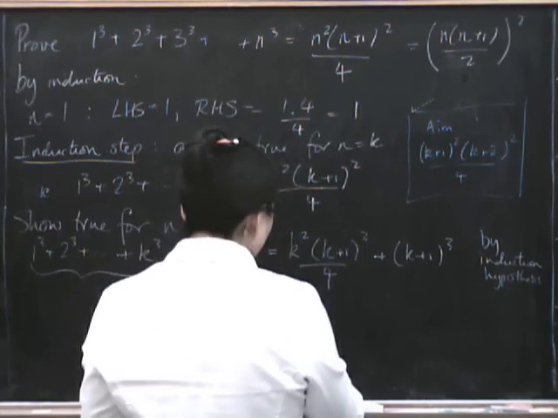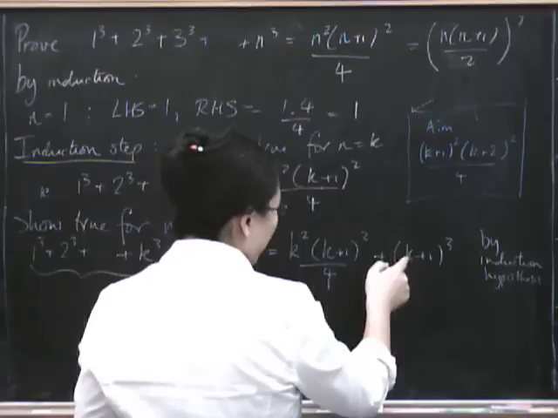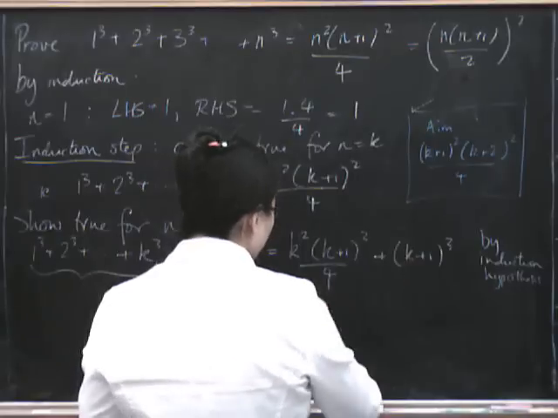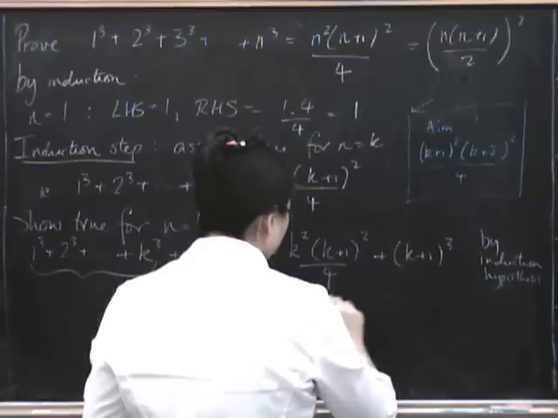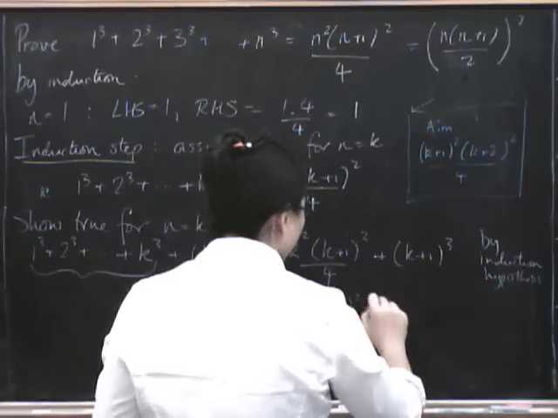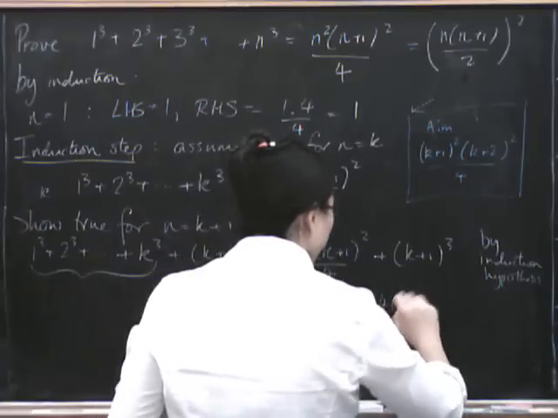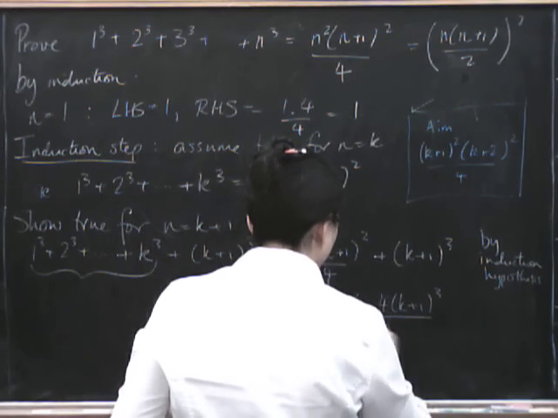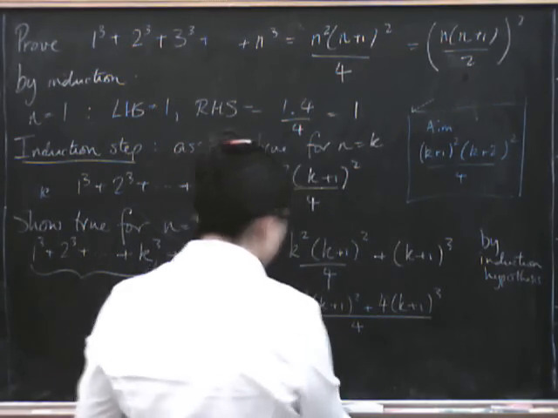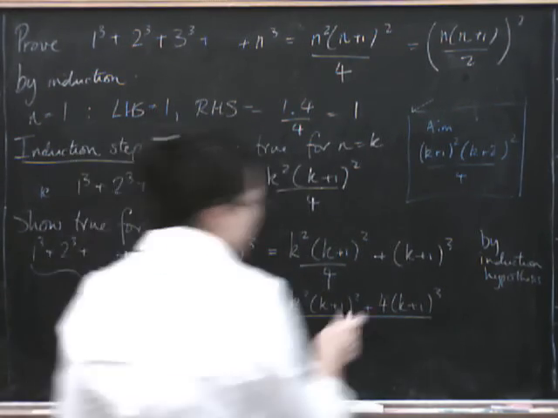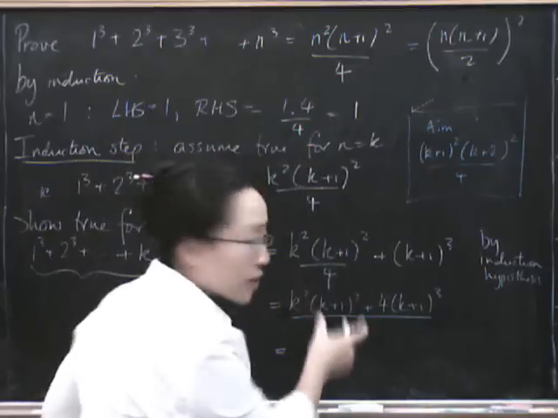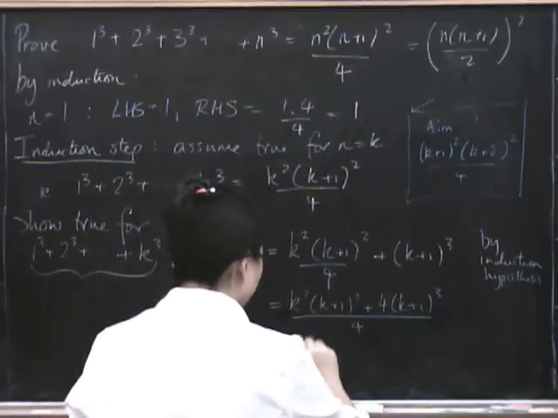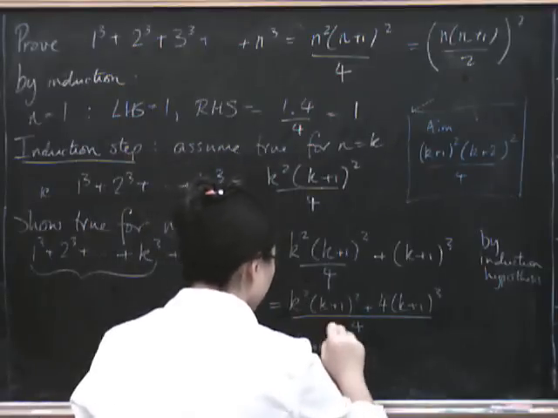So the first thing we probably need to do is put the whole thing over a common denominator, which is 4. So we'll get k squared (k plus 1) squared plus 4(k plus 1) cubed, over 4. Now I hope I'm going to have enough space. Now let's factorize it. We can take out (k plus 1) squared as a factor.